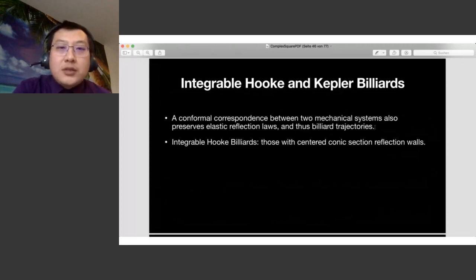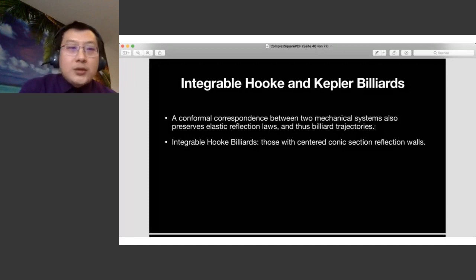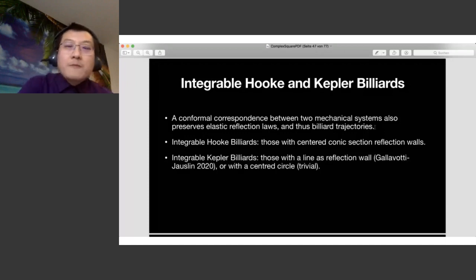The result is that essentially those with a conic section reflection wall centered at the Hooke center are integrable. So the corresponding billiard systems are integrable, and it is somewhat later that one tries to study integrable Kepler billiards.